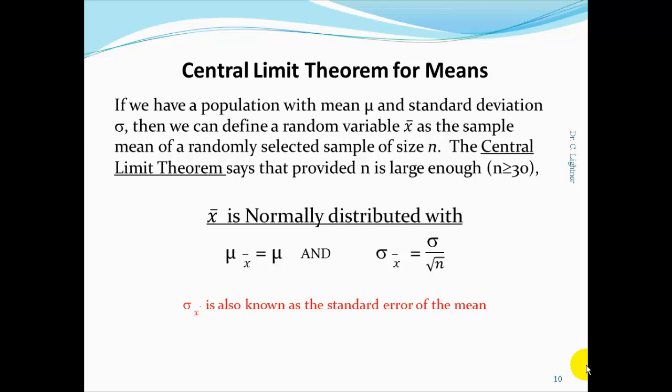The population mean of x bar is the original population mean. The population standard deviation of x bar is the original population standard deviation divided by the square root of n. The standard deviation of x bar is also known as the standard error of the mean.